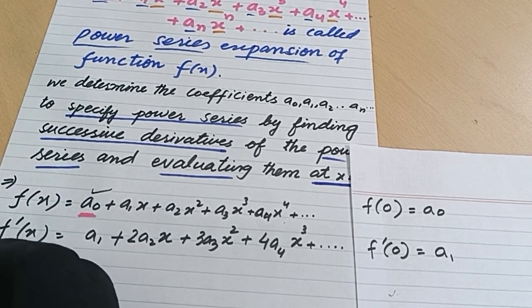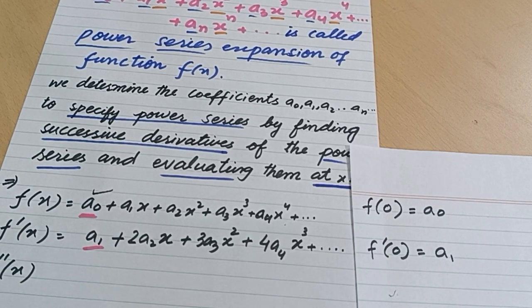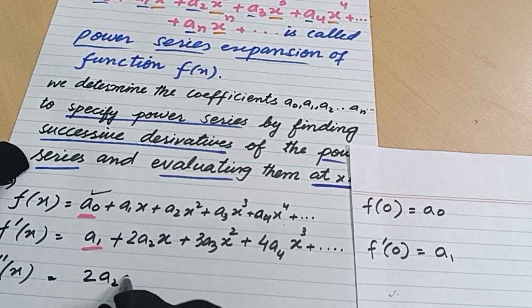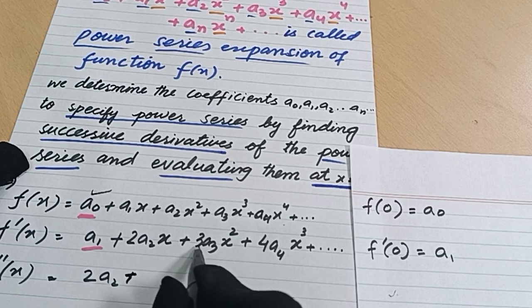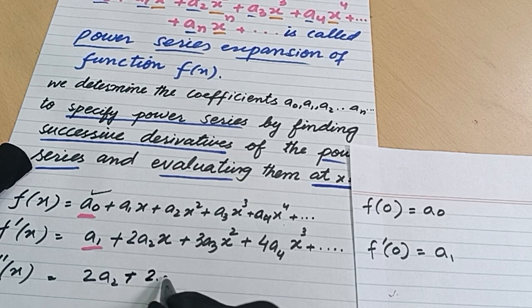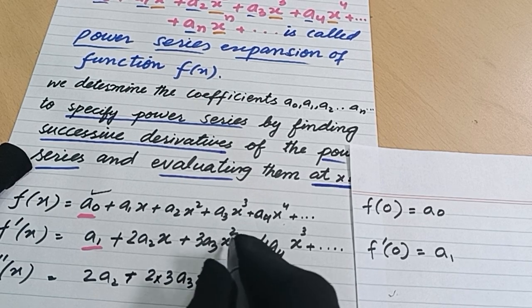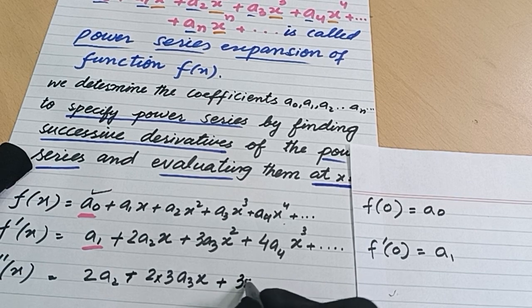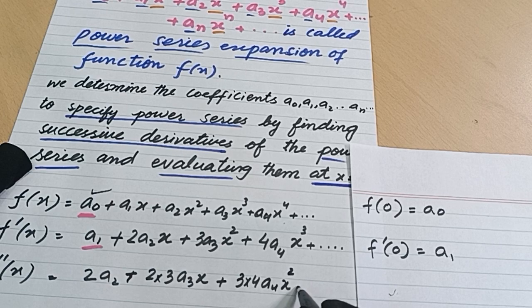Now the second derivative. In the second derivative the constant term will be 0. The first term left is 2a2, since the derivative of x is 1, so I am not going to write that, plus 3 times 2 a3 x, or you can write it as 2 times 3 a3 x, power reduced by 1 so it becomes power 1, plus 3 times 4 a4 x squared, and so on.